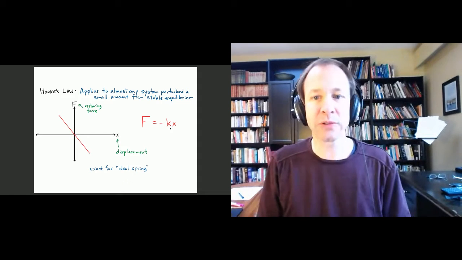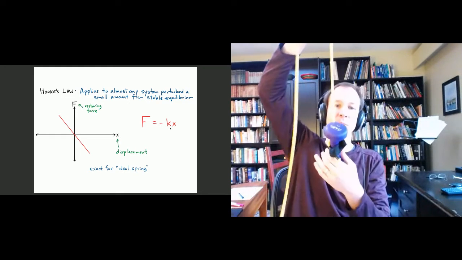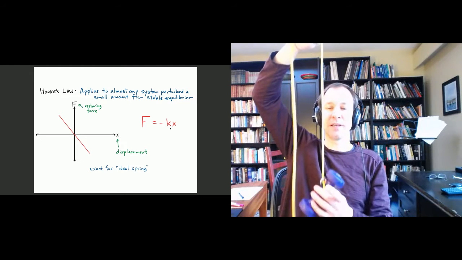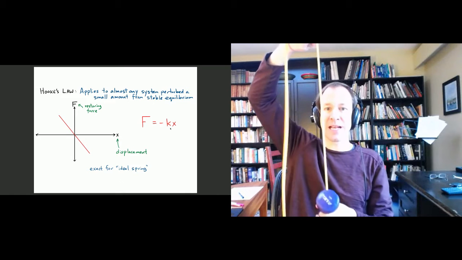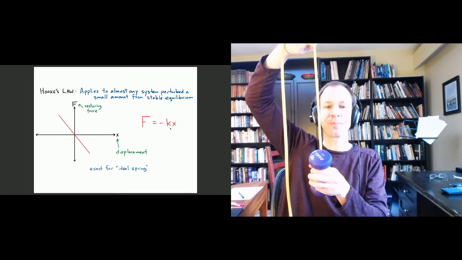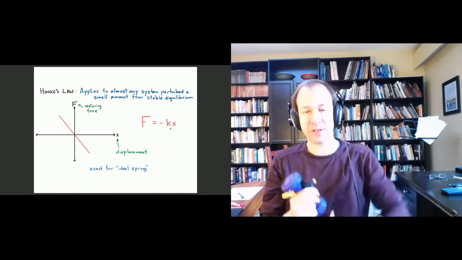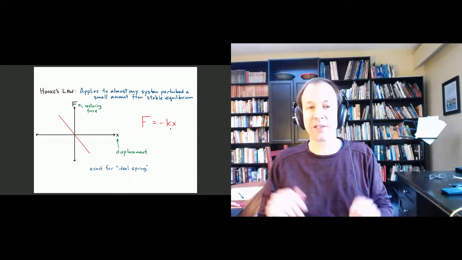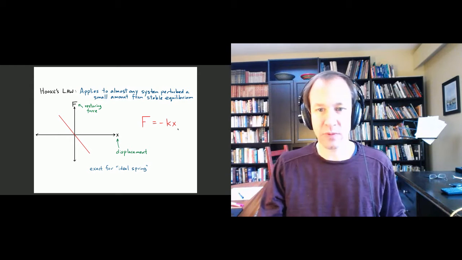And probably in high school, you saw Hooke's law applied to a spring, or our model of a spring, this exercise band. You saw this applied to saying that if you stretch a spring, there's a force in the opposite direction, which is proportional to the amount of stretching. And similarly, if you compress a spring, maybe not so much for this exercise band, there's going to be a force that wants to make the spring go back to its equilibrium length, and the force is proportional to the stretching in that case as well.